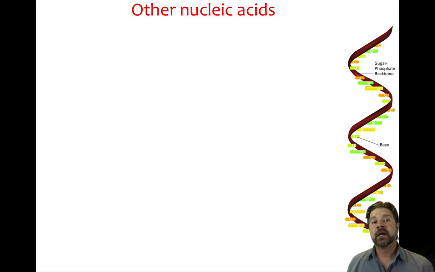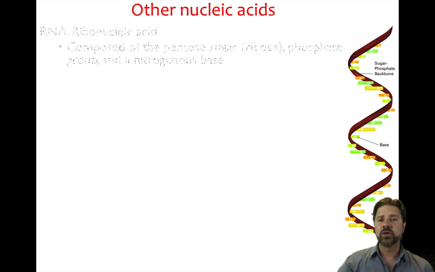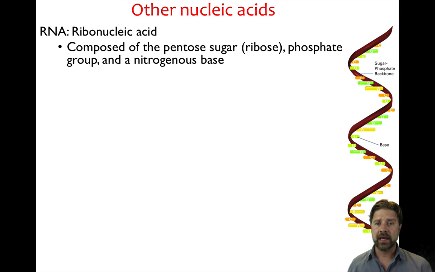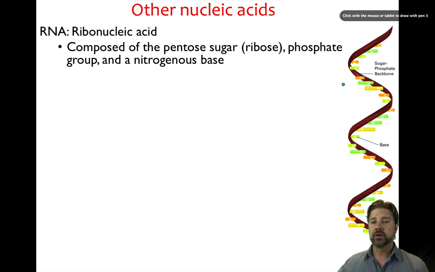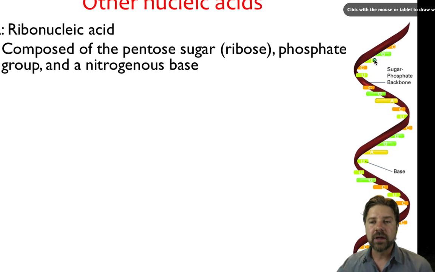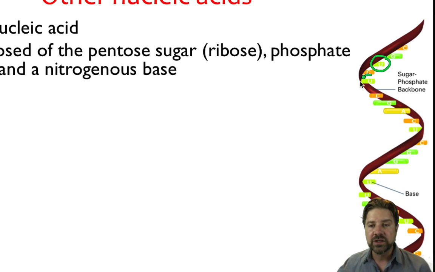So that's DNA, but what about some other nucleic acids? Well, we mentioned one earlier called RNA, which is ribonucleic acid, and it's composed of a pentose sugar, which we said is ribose, not deoxyribose, still has a phosphate group, and still has nitrogenous bases. If you look at the molecule over here on the right, here's the sugar phosphate backbone, there are the nitrogenous bases sticking off, but upon closer inspection, you're going to notice that there are U's in here.